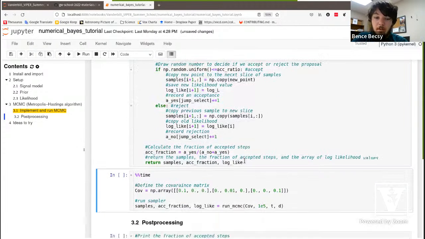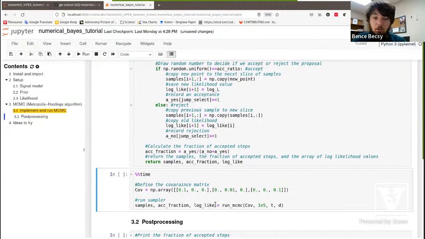And so to actually run this, we need to define the covariance matrix. In principle, you could find that in different ways. You can take numerical derivatives of the likelihood and approximate it that way or things like that. But here we just make a guess, and that should probably work for this very simple example.